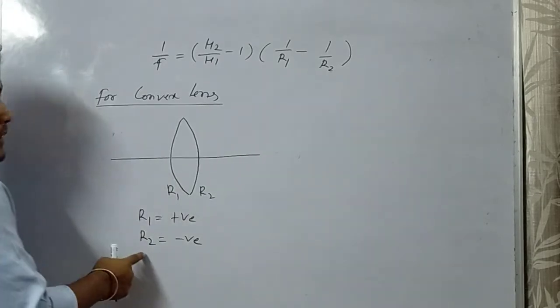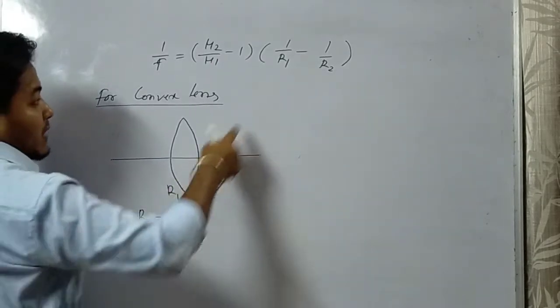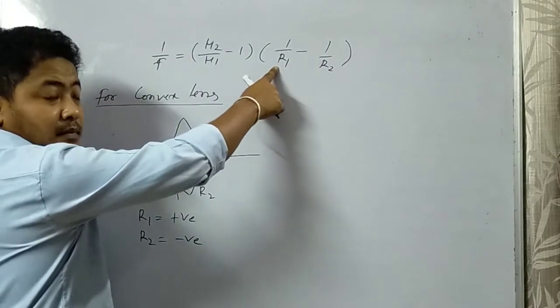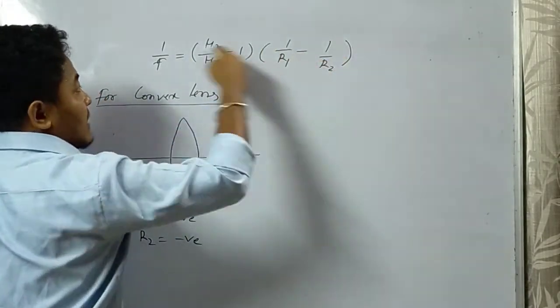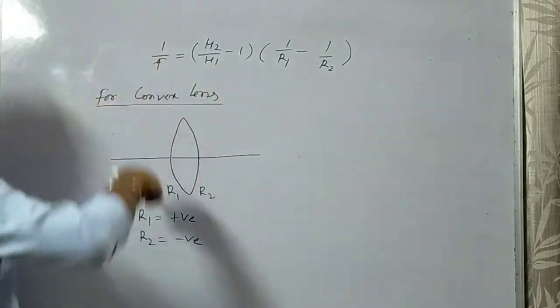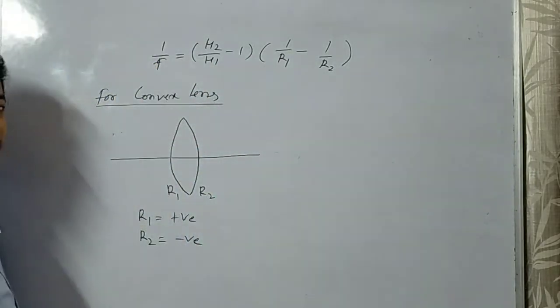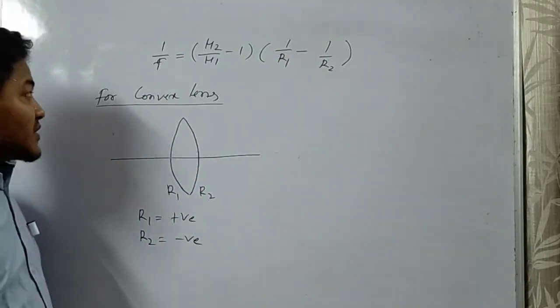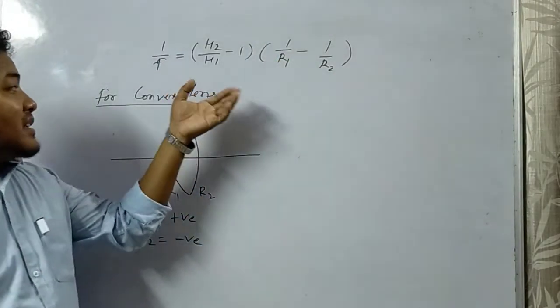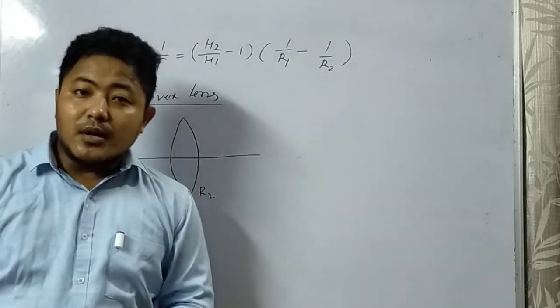Now if I put the values over here, R1 is positive and R2 is negative. That means this whole result, which is 1 by f, our power, will become positive. So the focal power of a convex lens will become positive.